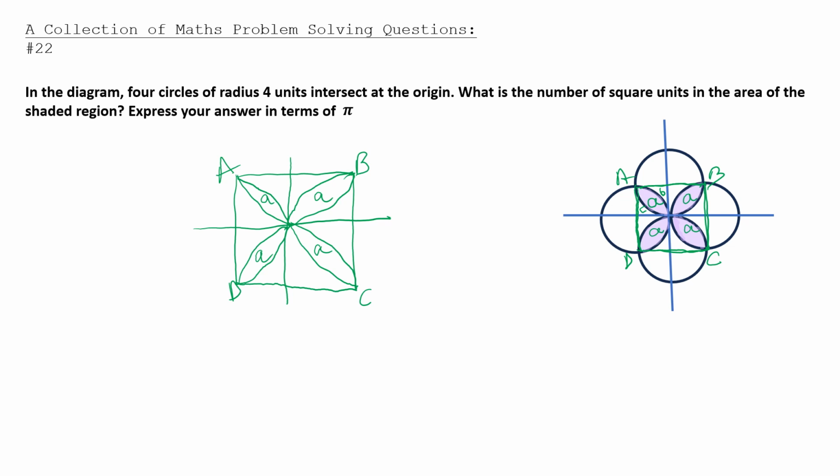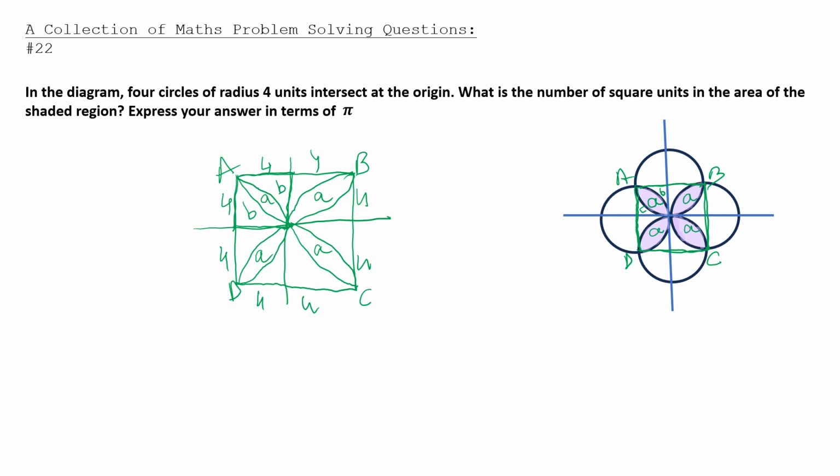And I name this as B and this also as B, so they are equal. This square, this is all the radius, so this is 4, this 4, 4, 4, 4, and 4. So I have to only find the area of A.